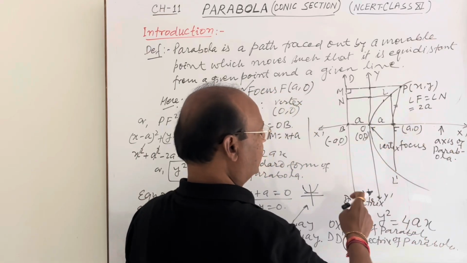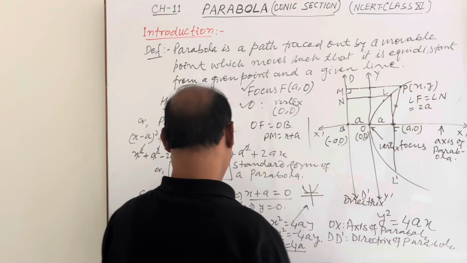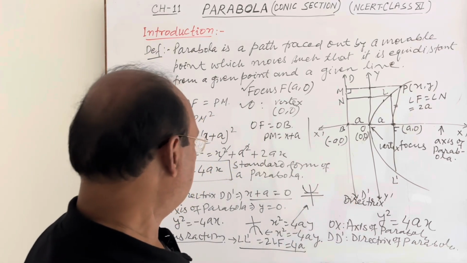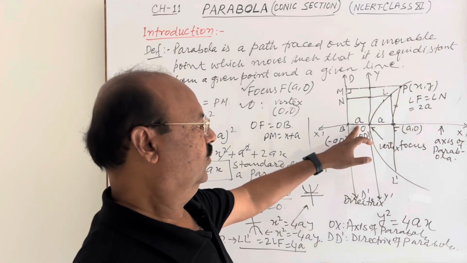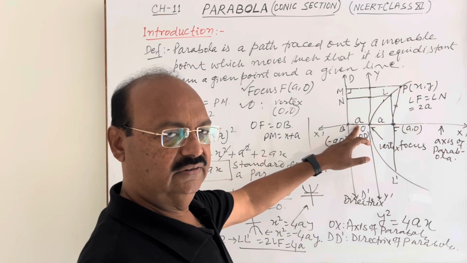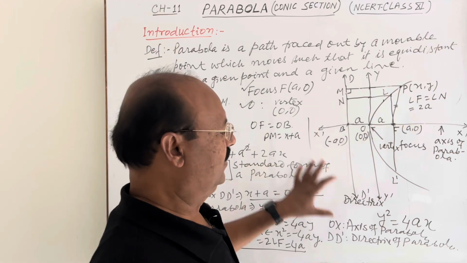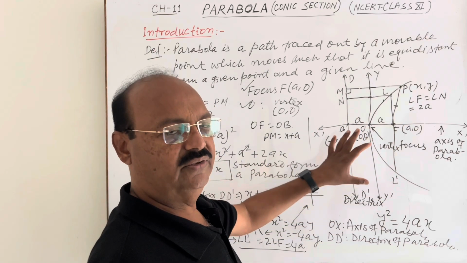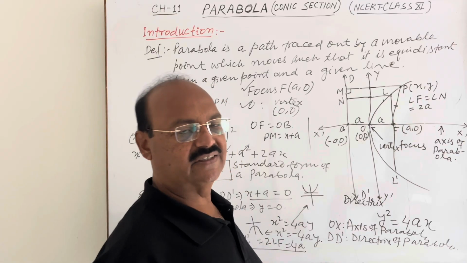This line DD dash is called the directrix of the parabola; its equation is x + a = 0. O is the vertex here, with coordinates (0, 0). So we must remember all these facts of the parabola. And now we'll come to the exercise.